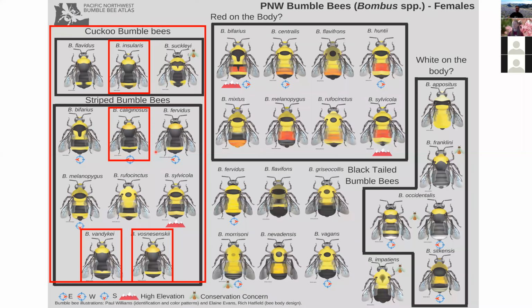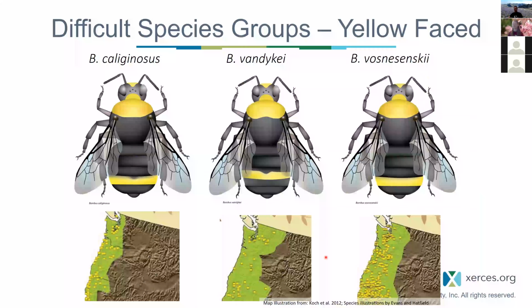Okay, so that's the most important thing and why that step exists in the flowchart. But here they are. Here's Bombus caliginosus, Bombus vandykei, and Bombus vosnesenskii. You can see they all have very similar distributions in the Pacific Northwest. If you live in Idaho, you're lucky because you don't need to deal with these species. They're really only Oregon, Washington species.